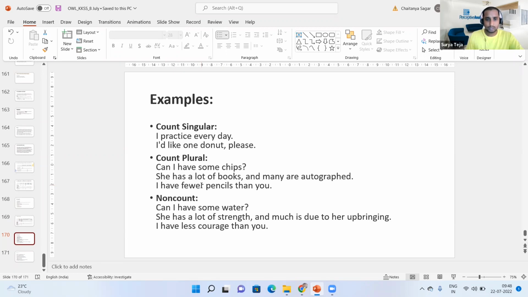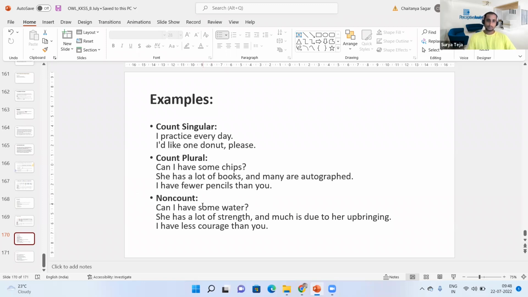She has a lot of books and many are autographed. Books is a countable noun which has been pluralized, and a lot of has been used. I have fewer pencils than you, giving more adequate clarity about the number of pencils. It is giving whether they are few or nothing. So this is also applicable, relevant here.